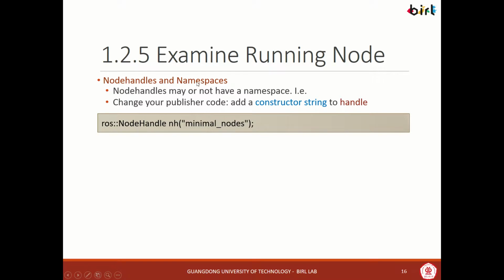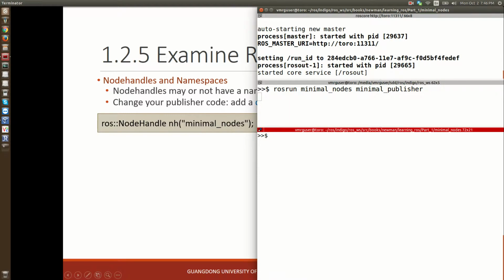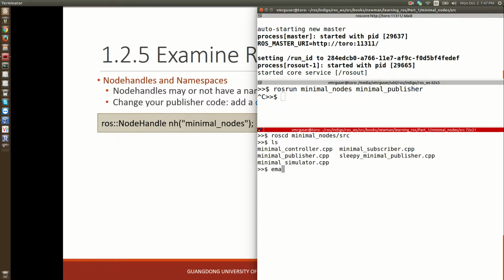And that will be a namespace. So let me kill this. We can leave roscore running. And then we can go to minimal nodes, to the source folder. Look at how I did that in just one line. And then I can open my minimal publisher.